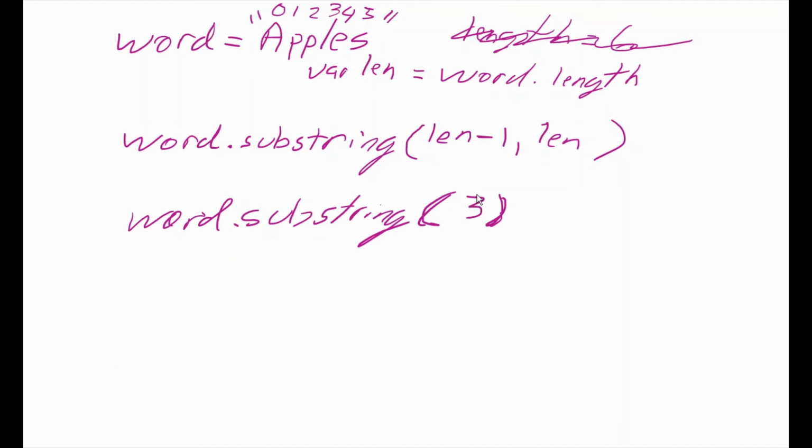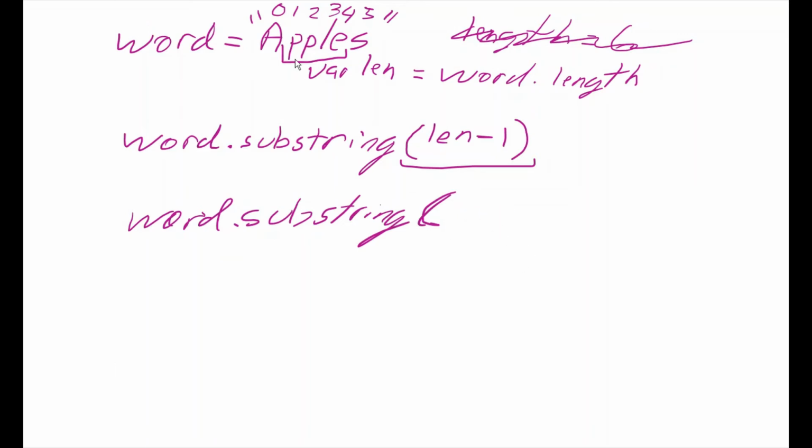Okay, so I could really get the last letter of the word just by saying len minus 1. So think about that. This gets me the last letter of the word. Okay. How would I get all of the letters except for the first and last? That would be substring from what to what?